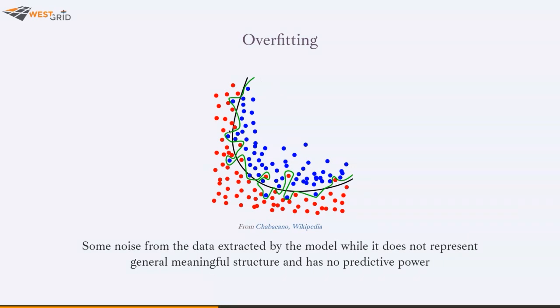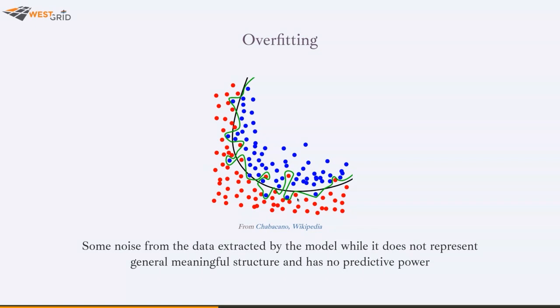Well, in fact, it doesn't have any predictive power. Like here, for instance, if the goal is to separate the blue and the red dots, the green line is overfitted, because it's a perfect fit of our example data, but it's too good a fit, because it matches every single variation of the data.